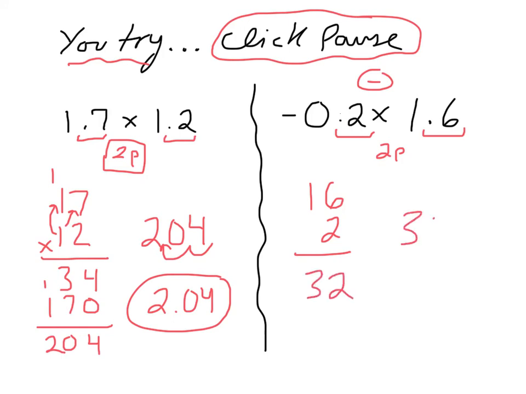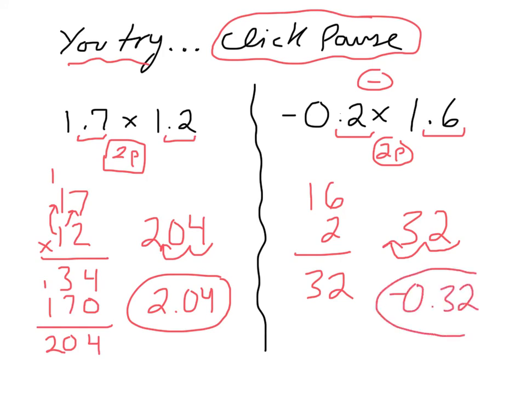Well, the answer is not 32, because 0.2 times 1.6 would not equal 32. So I have my 2 places to account for, so if I move the decimal in 2 places, it's 0.32. That makes more sense, and it's negative. So for the second problem, my answer was negative 0.32.